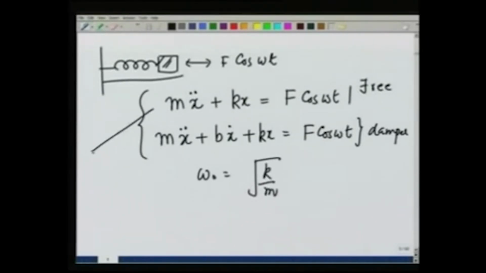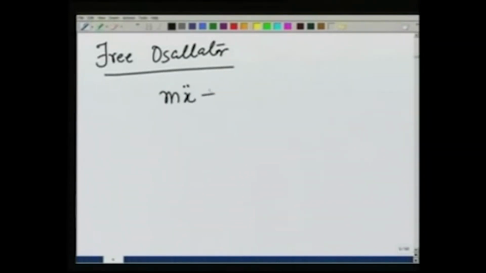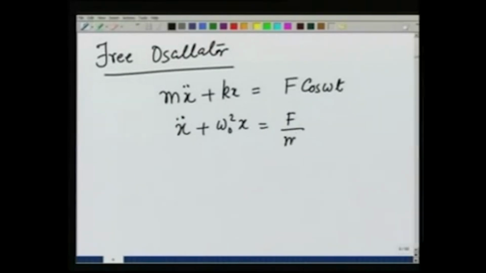Let me first discuss the case of a free oscillator, because this will bring out the phenomena of resonance. So, for a free oscillator, the equation is m x double dot plus kx is equal to f cosine of omega t, which I can rewrite by dividing by m, as x double dot plus omega 0 square x is equal to f over m cosine of omega t.